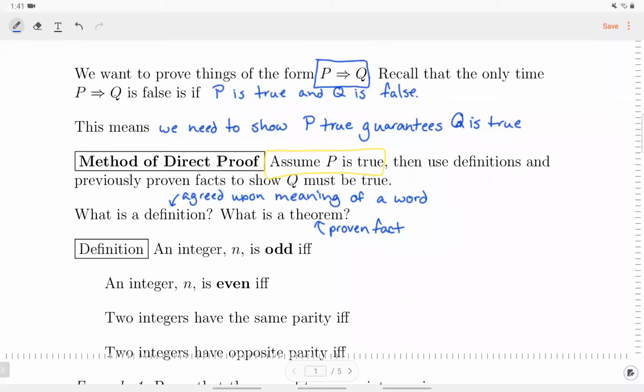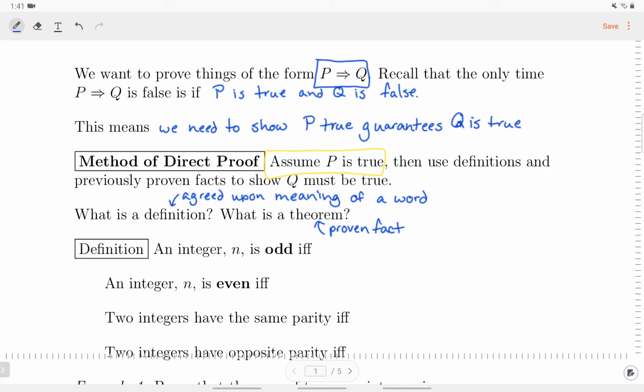For the purposes of this course, we will have some theorems that we don't actually prove. Normally in math, you'd call that an axiom. An axiom would just be a fact you just assume is true. But in most courses, pretty much every fact you do, you're going to prove from scratch.